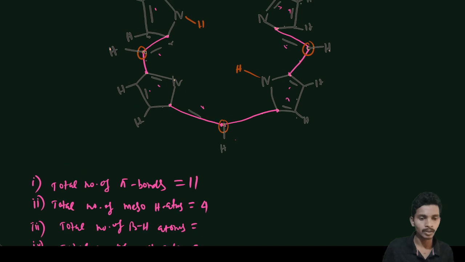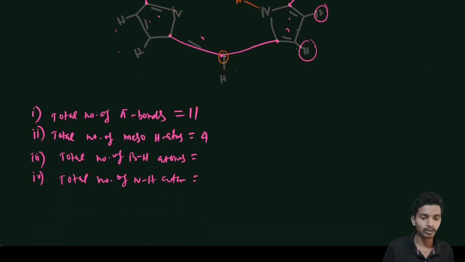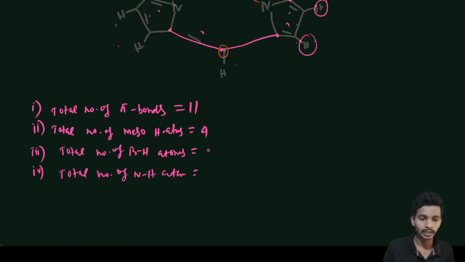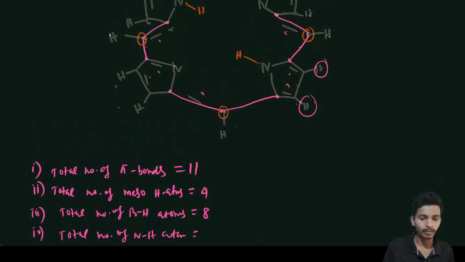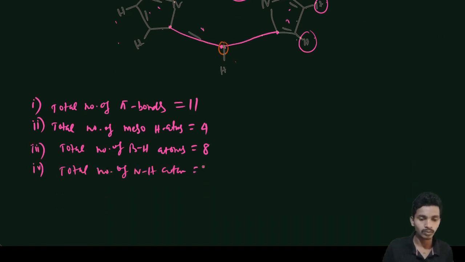So the beta hydrogen atoms, how many are there? 1, 2, 3, 4, 5, 6, 7, 8. So the total number of beta hydrogen atoms is 8, and the total number of NH hydrogen atoms is only 2, 1 and 2.